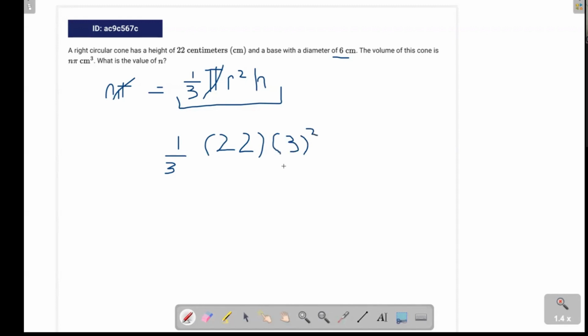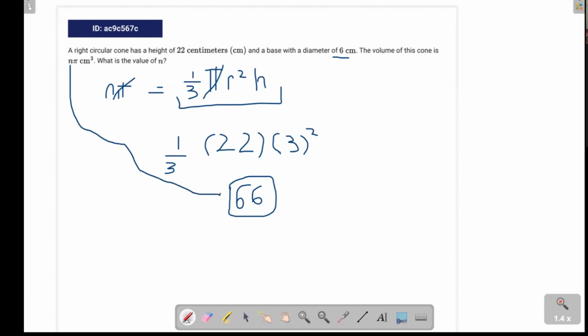And then from here, you can do it just in your head: 3 squared is going to be 9. Divide that by 3, it's 3, and then 22 times 3 is 66. Or you can just use your calculator to figure it out, which is also a viable option. And again, you don't add the units on the free response question. It already kind of has those implied. But our answer is going to be 66, which is equal to our n value.